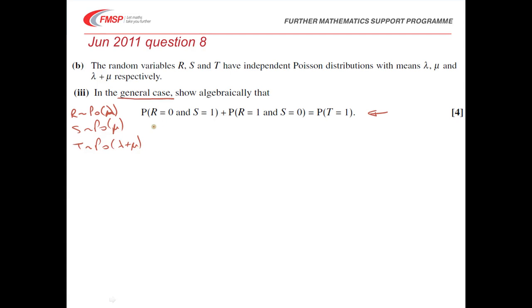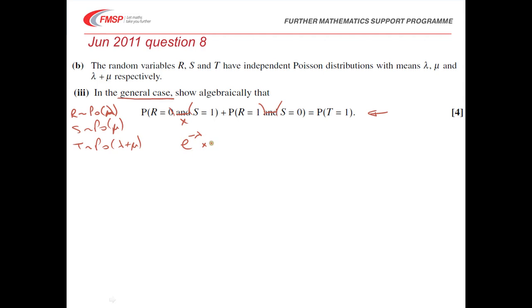So we're going to start with the left-hand side, so it's a good idea to do this separately. Again, we can replace 'and' with multiplications, which is quite nice. So it's the probability of getting a 0, which is e to the minus lambda, because it's lambda to the 0 over 0 factorial, so we don't need to worry about that.